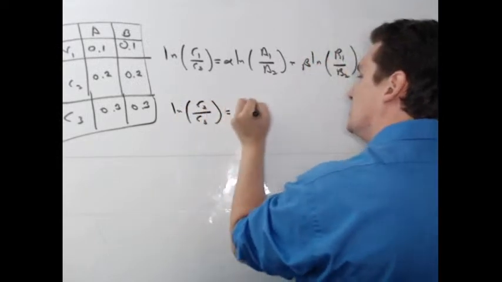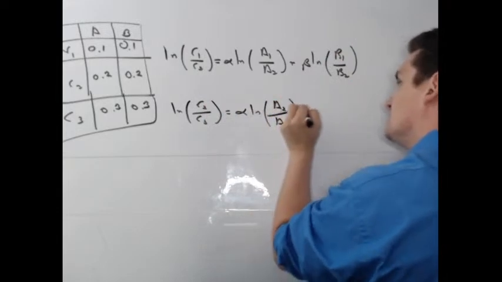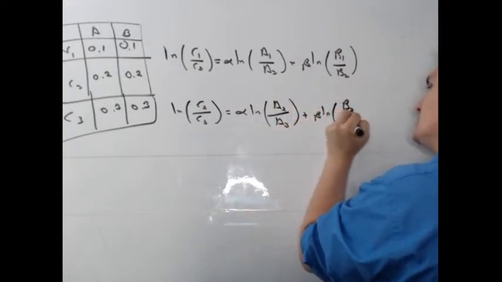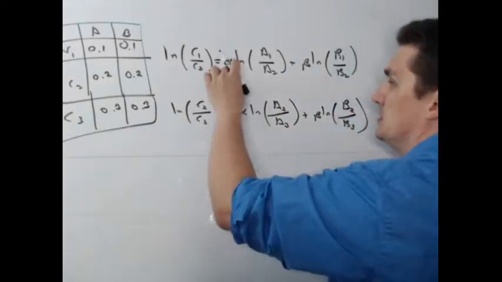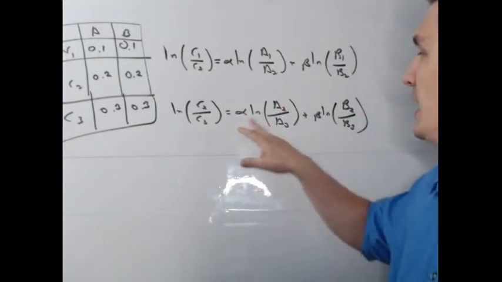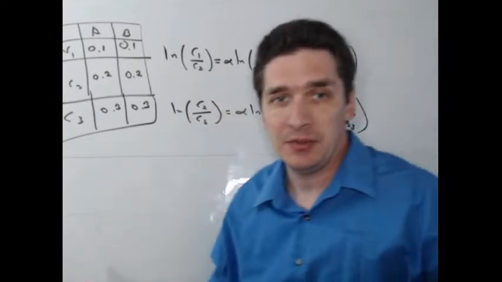You would just arbitrarily pick 2 pairings. And now you have 2 equations and 2 unknowns. So here's your alpha and here's your beta. In principle, you could solve for either alpha or beta in this equation, plug it into here, and then solve for the other one.